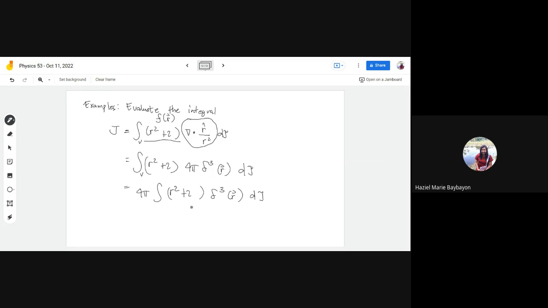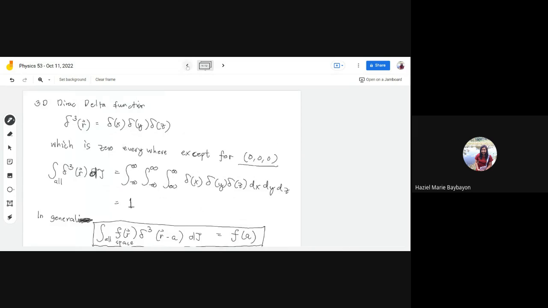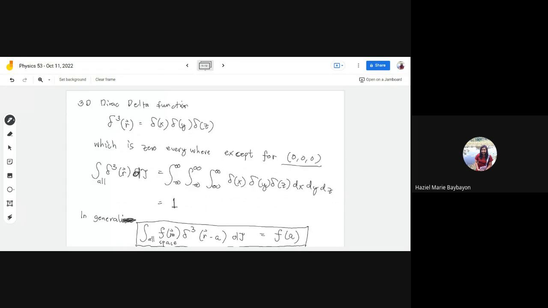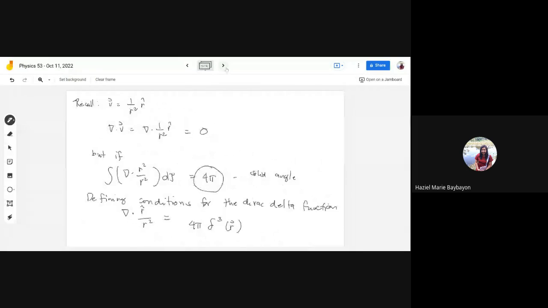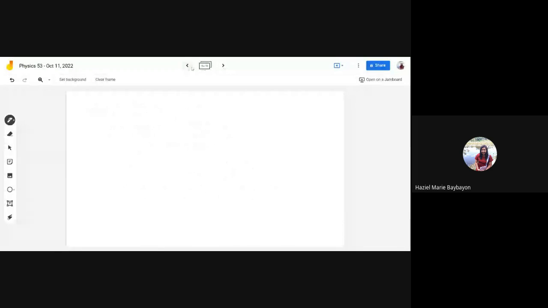Okay. Now, in order to evaluate this integral, let us go back to our generalized equation. So you have this one. If you have f of r multiplied by the 3D Dirac, you just have to evaluate the function for r equals a. So in this case, our a is equal to 0. Right?